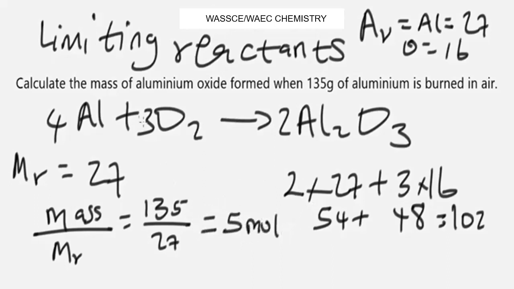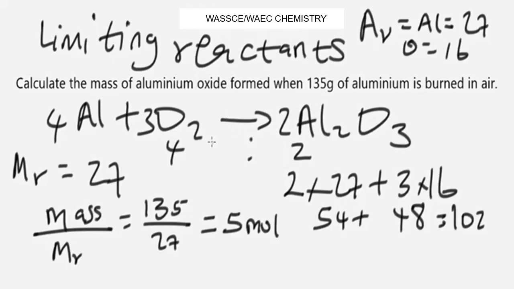Alright, now at this juncture, we check for the mole ratio of aluminium to aluminium oxide. We have the mole ratio to be 4:2. This tells us that 4 moles of aluminium reacted to produce 2 moles of aluminium oxide. That's how the number of moles are produced.